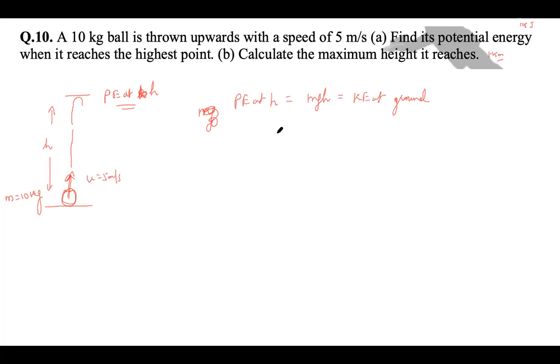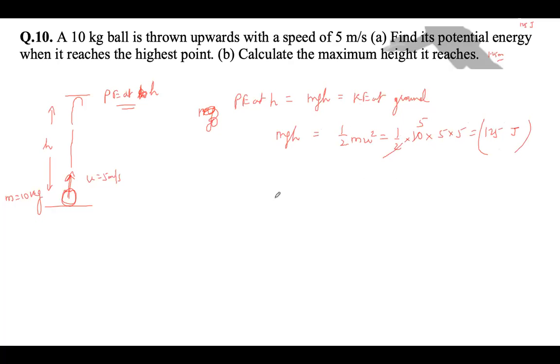So potential energy at height h, mgh, is equal to kinetic energy at ground, that is half mu square. So half into mass 10, u square means 5 into 5. So this is 5 cube, 125 joules. So 125 joule mgh. So this is your potential energy at height h.